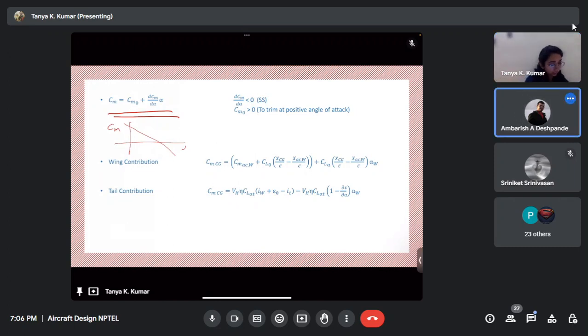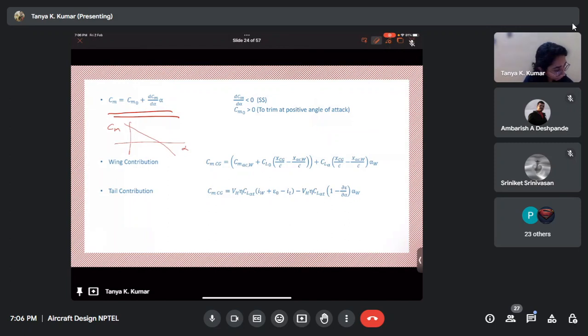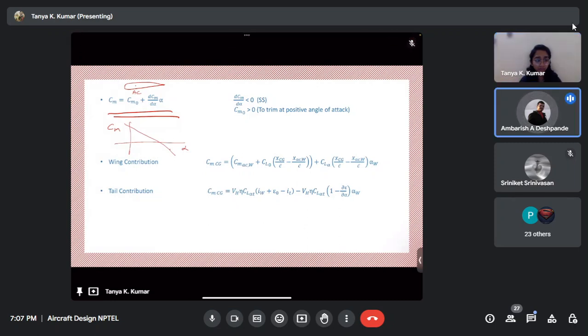Okay, let's start with that. So this is your symmetric airfoil, and this is your aerodynamic center. What is aerodynamic center? Pitching moment is independent of angle of attack. What is center of pressure, CP?